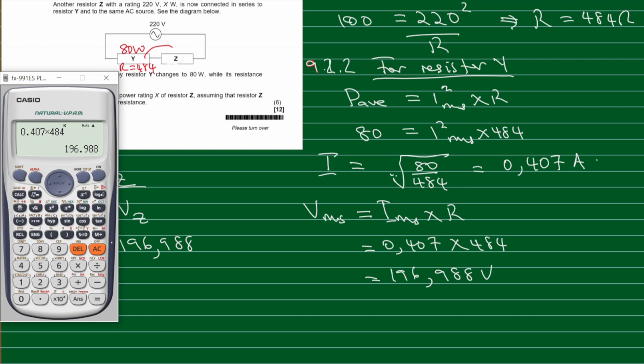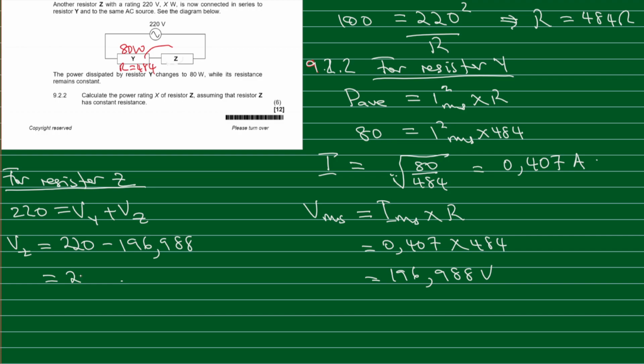I'm going to subtract from 220. We know it will be negative, but we ignore the sign there. That will be 23.012. So our V is going to be 23.012. Is it 012?